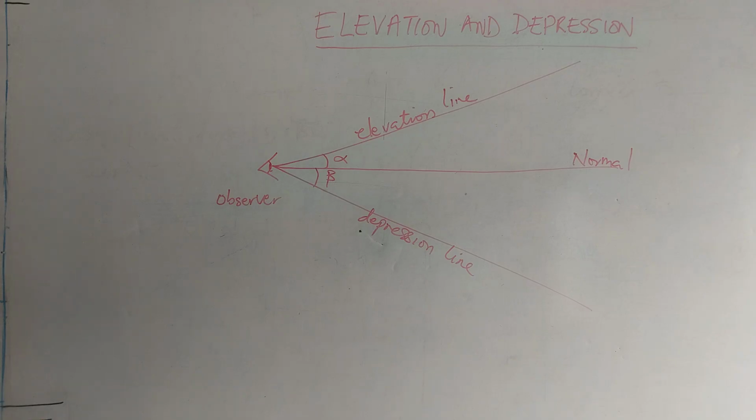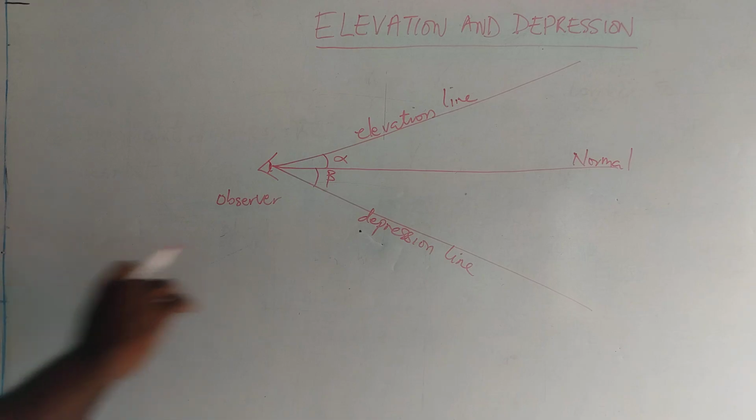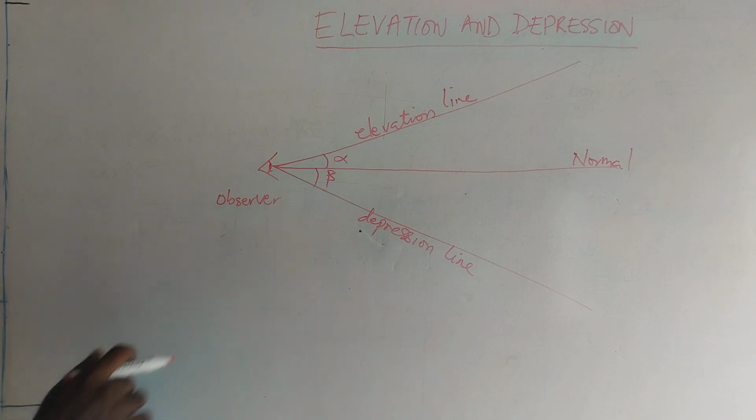Then, in elevation and depression, there are objects that are used in crafting the questions. We use dots to represent objects, except these ones I will write on the board now.